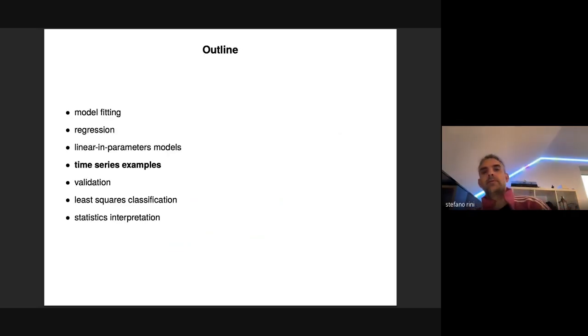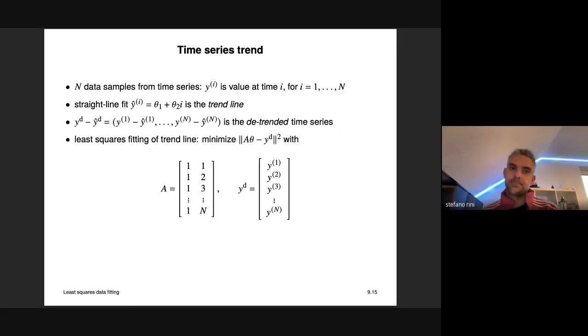Good. Some examples with time series. Let's say that we have n data samples from a time series yi, where yi is the value for time i, and we have n time instances. We want to find a straight fit line, y hat equal to theta 1 plus theta 2 times i, and this is what we call the trend line.